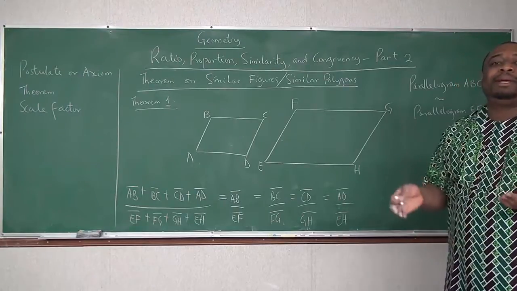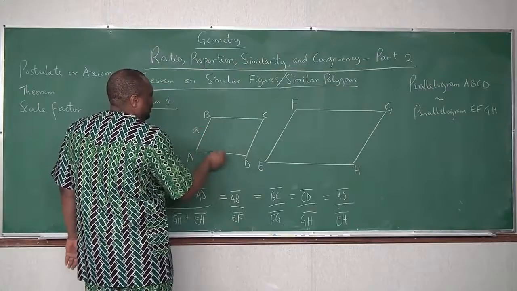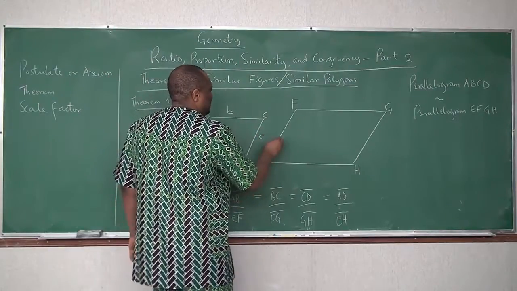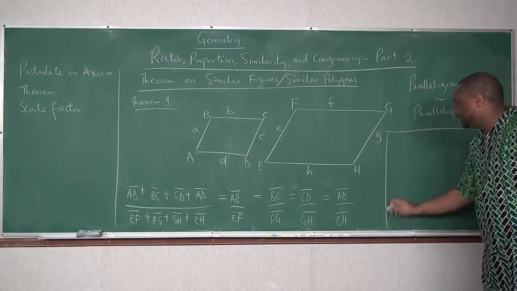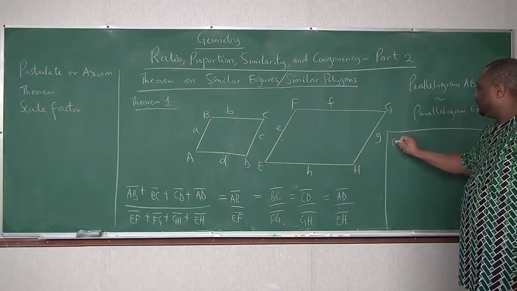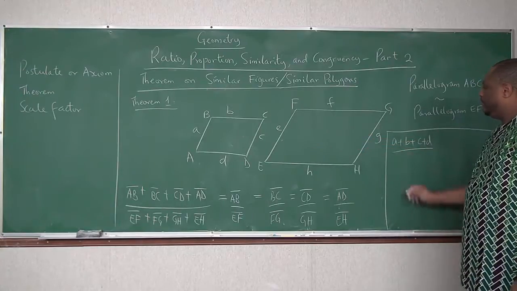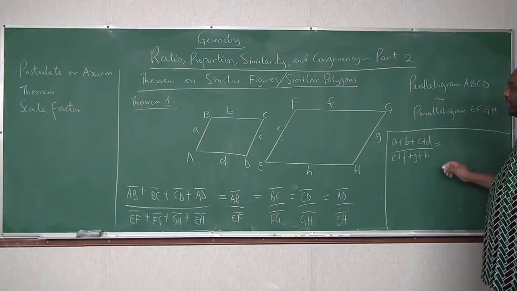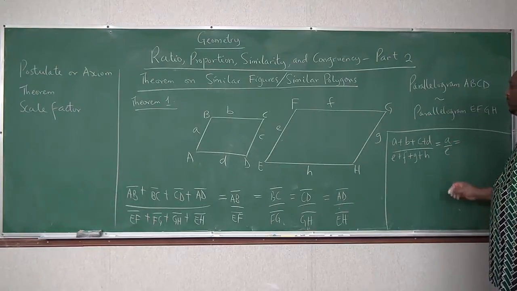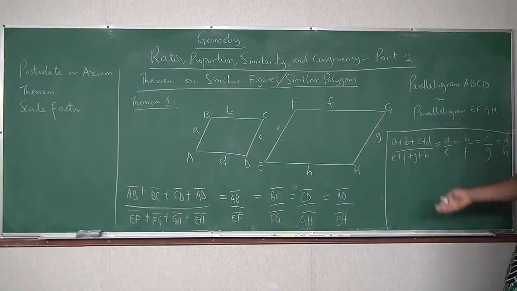So if we have this as A, B, C, D, and we have this as E, F, G, H, what we are saying is that A plus B plus C plus D all over, that is the perimeter, all over E plus F plus G plus H is equal to A over E is equal to B over F is equal to C over G is equal to D over H. That is what we are saying.